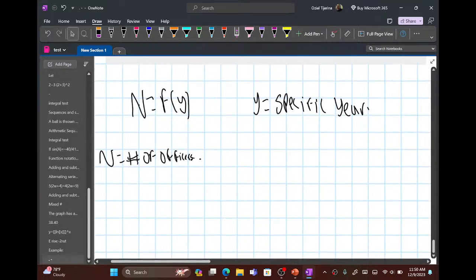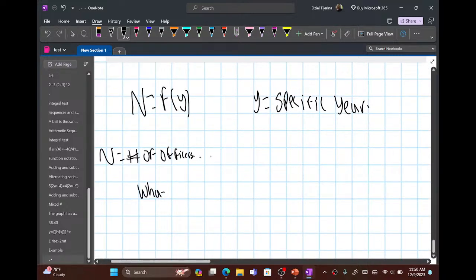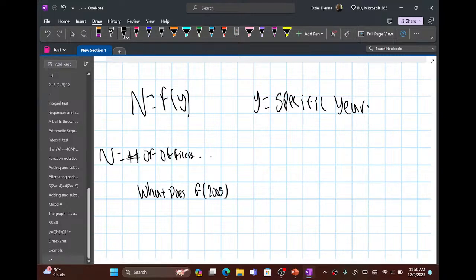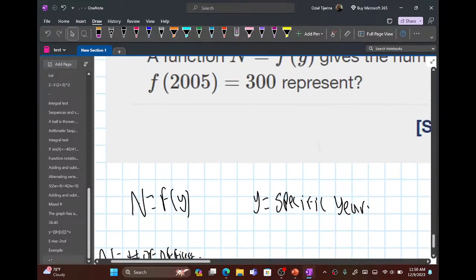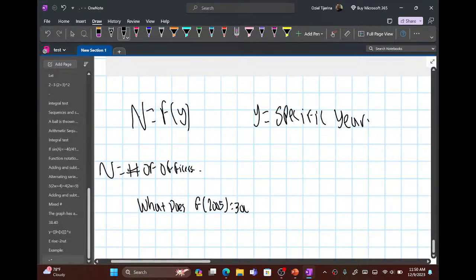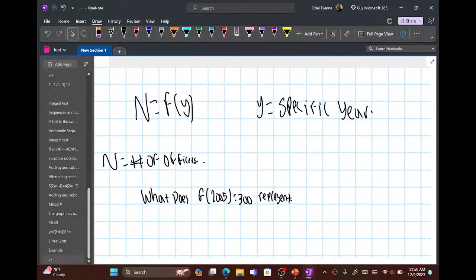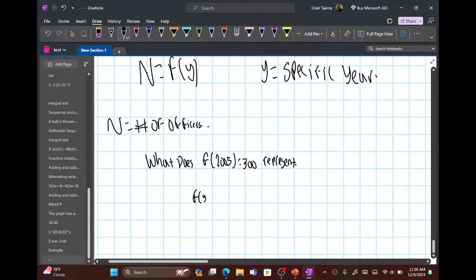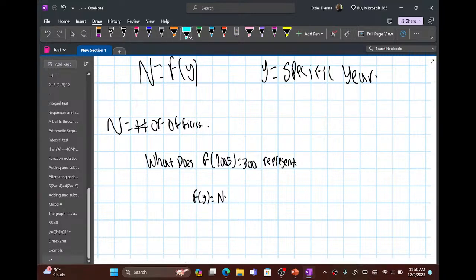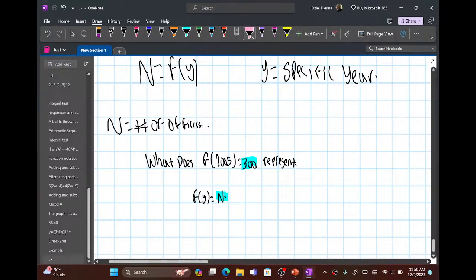We want to know what f of 2005 equals 300 represents. I know that f of y is equal to n, that n in this case is 300, and that y is the year.